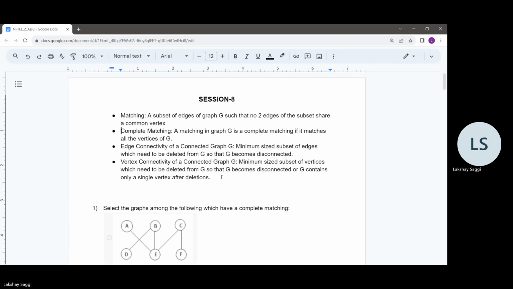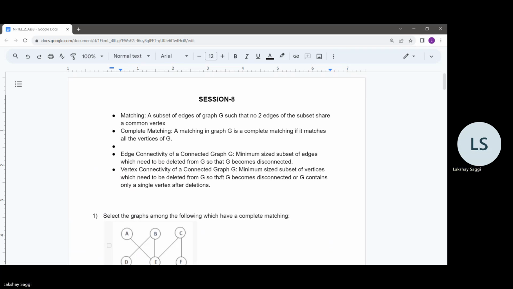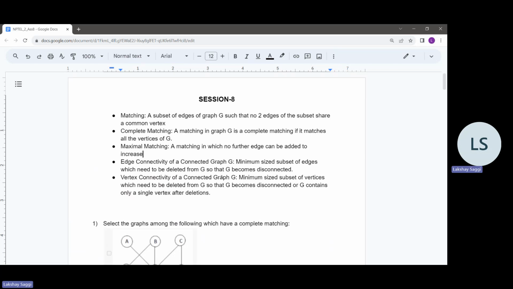A matching is just a subset of edges, and a maximal matching is a matching in which no further edge can be added to increase the size of the matching.